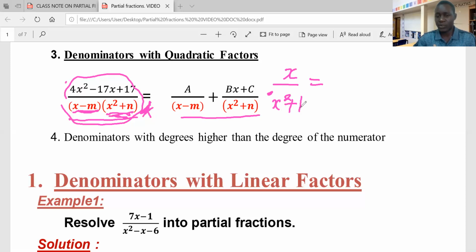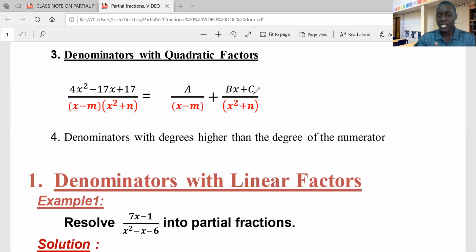We just have x squared plus 1. So how do we decompose this into its partial fraction? Its partial fraction will look exactly like this: Bx plus C over x squared plus 1. Remember that there is no linear factor, so I won't be writing a plus, and take note, it is not true that it must be Bx plus C.